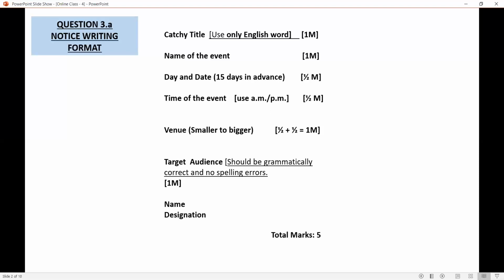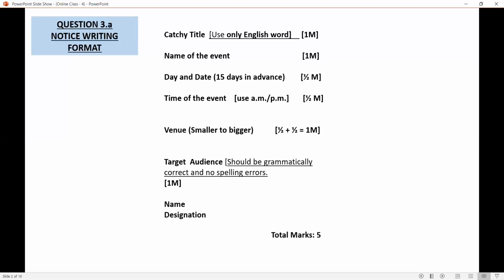Then comes target audience. That is, who all can participate in this competition. For example, if you are conducting poetry writing competition, you can write the target audience: the students of class 9 and 10 are eligible to participate in this competition.